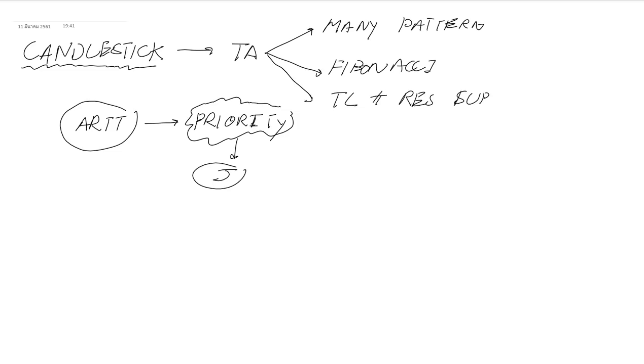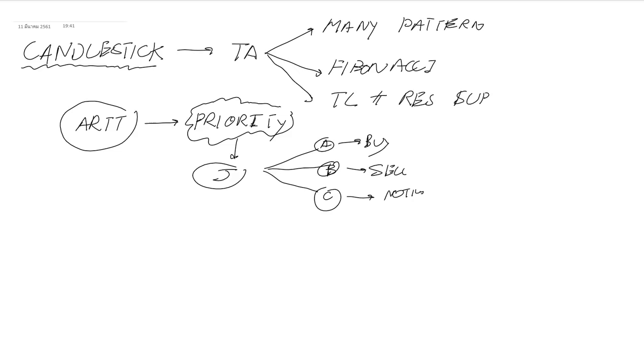Because sometimes you see in the chart signal A tells you should buy, or signal B tells you should sell. Signal C shows you do nothing.